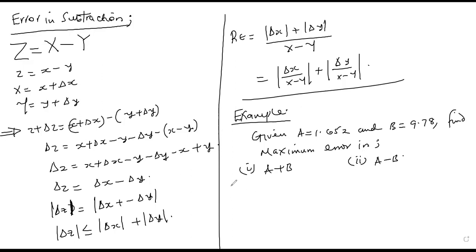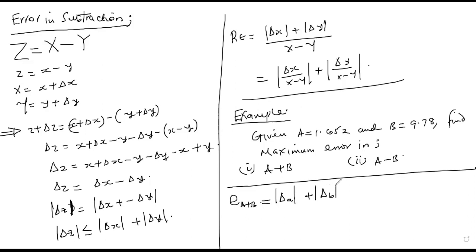So if you look at this, if we need the error in A plus B, since we say that the maximum error in addition is the sum of individual errors, it will be error in A plus error in B. So error in A is 0.0005. Then the one in B is 0.005.